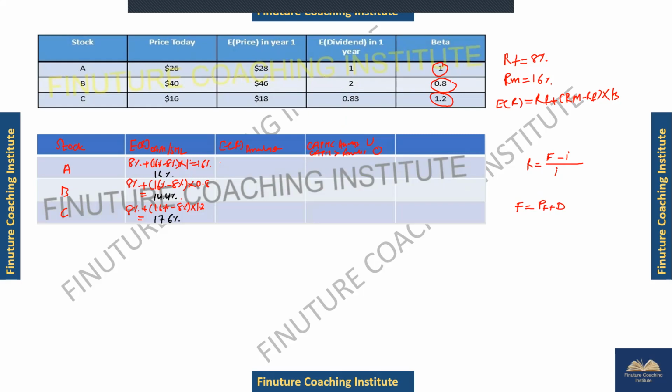So over here, the final price is 28 plus 1, minus your initial price, which was 26, completely divided by 26. We'll see how much it is and write it down. Similarly, in the next one, the final price is 46 plus 2 units dividend, and the initial price was 40.